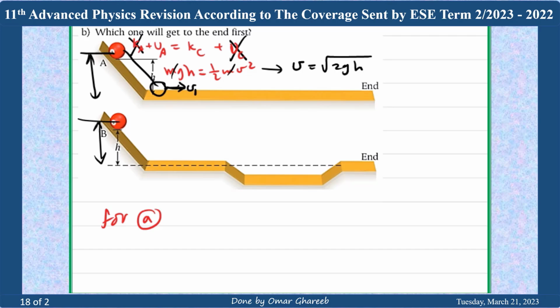And it would be constant because we now have a horizontal surface with no friction. So it is V1 here and V1 here, and so on. All of them are V1.